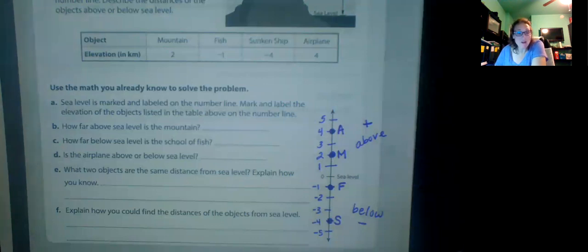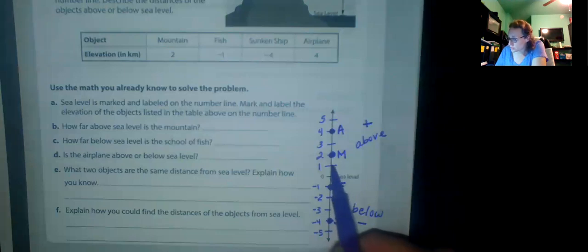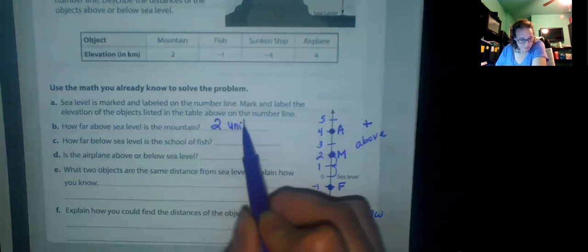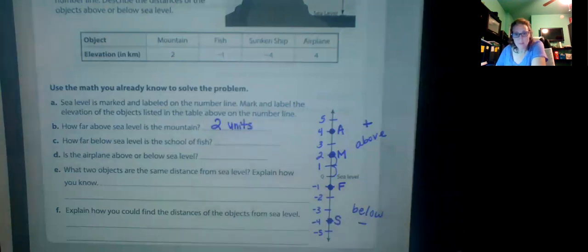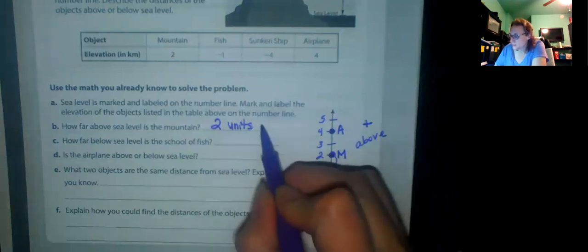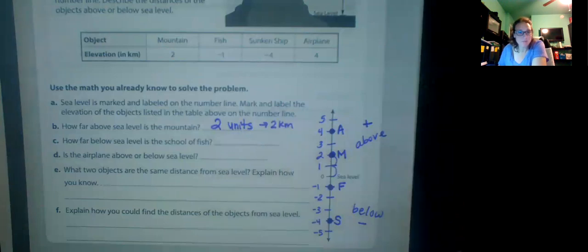Let's look at B. How far above sea level is the mountain? So remember, sea level is at 0. We want to know how far. So 2 units. And we're talking about kilometers, so we would really write this as 2 kilometers. Letter C, how far below sea level is the school of fish?